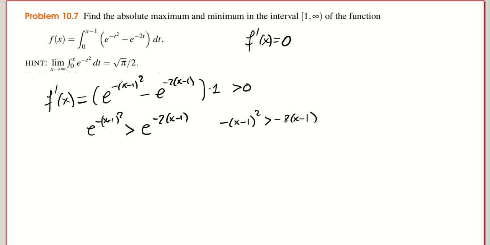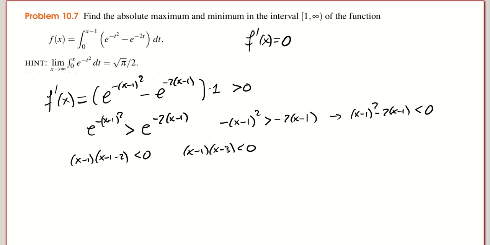We just put this on the right side, and we have (x-1)^2 minus 2(x-1), and that has to be negative, right? So this inequality is equivalent to that if we put this here. Okay, we factor out x minus 1, so we get (x-1) times (x-1-2), negative, which means that (x-1)(x-3) has to be negative. And for that, x has to be between 1 and 3.